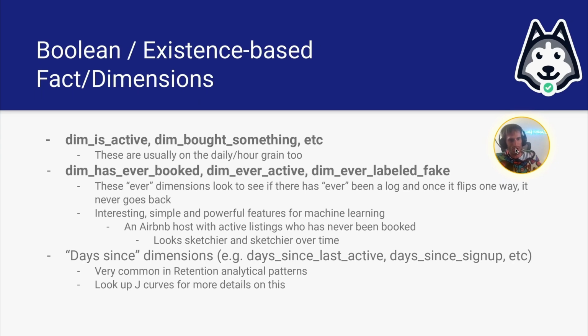It's a dimension on top of a dimension, which is based on the aggregation of a fact. So a lot of this stuff gets very muddled. That's one of the big things I'm trying to illustrate to y'all. But that's a good thing to remember here, is we have a lot of these dimensions. And in our lab today, we're going to be looking at dim is active. It's going to be one of the big ones that we look at.